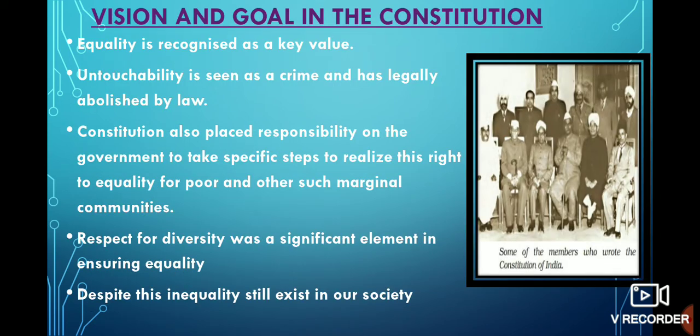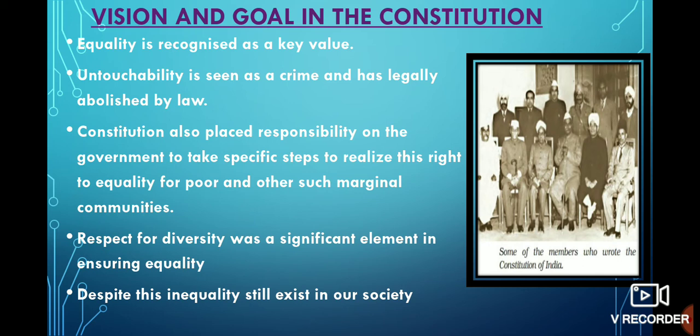So, the vision and goals of the constitution. Here is a picture of some of the members who wrote the constitution of India. Equality is recognized as a key rule. The first and most important thing in the constitution is equality. Untouchability is seen as a crime and has been legally abolished by law.